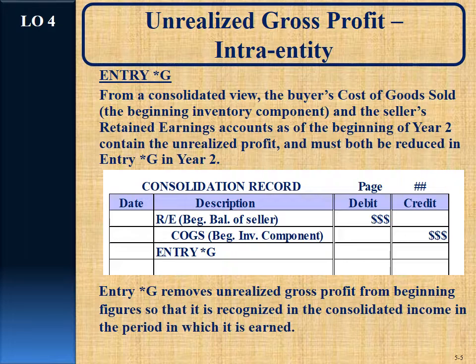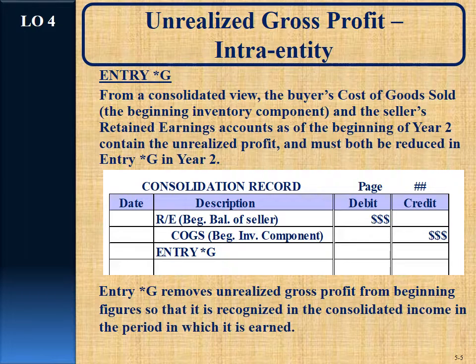Because within the individual company statements, remember last year, the gross profit was already recognized by the parent and it was closed out to retained earnings. Well, by the end of year 2, that inventory is sold. So that portion of the gross profit must be recognized now.